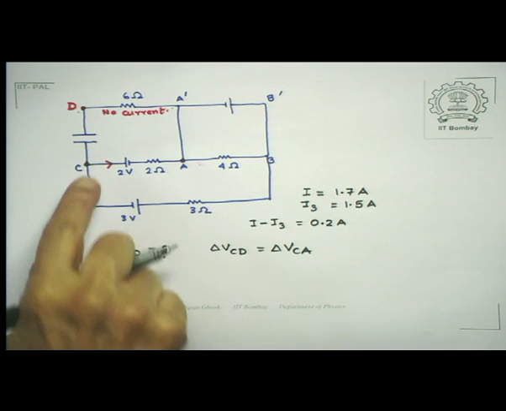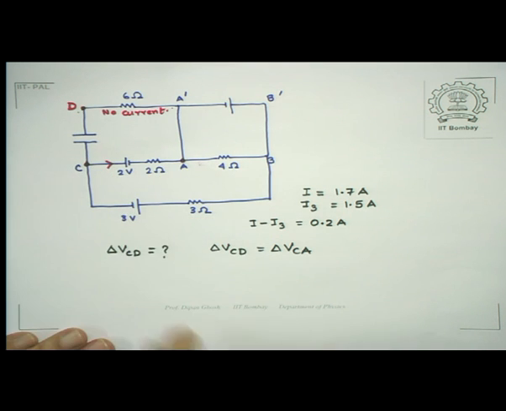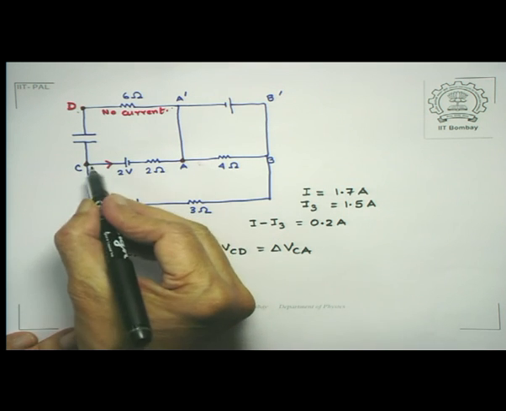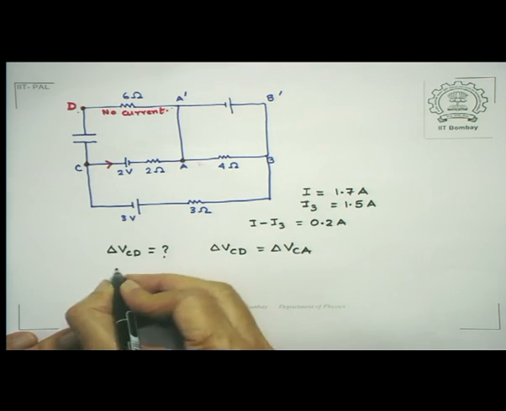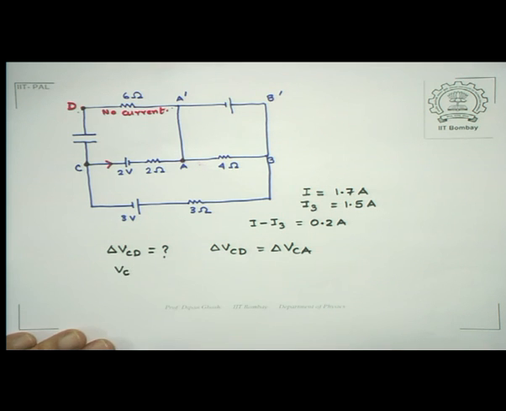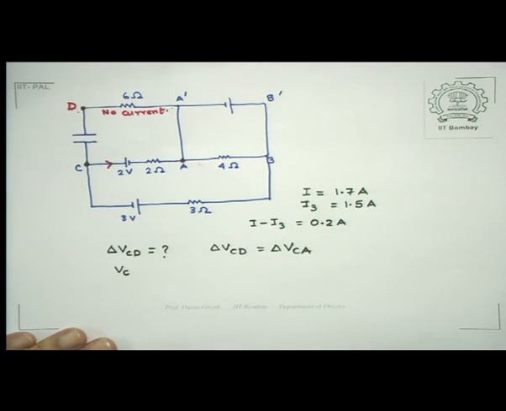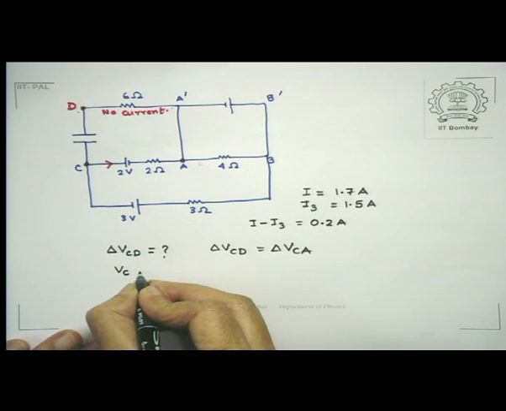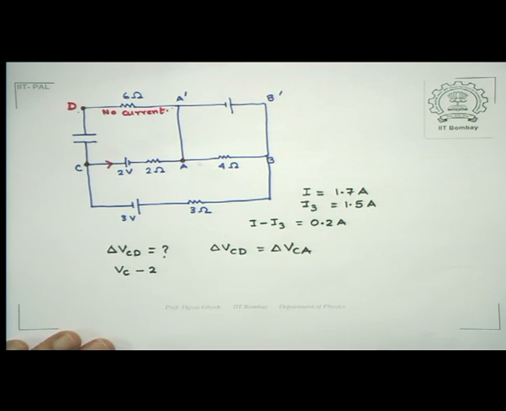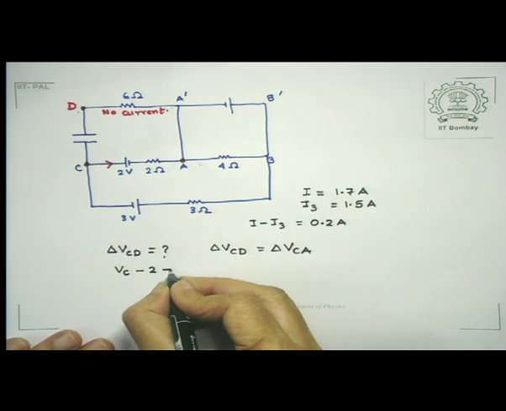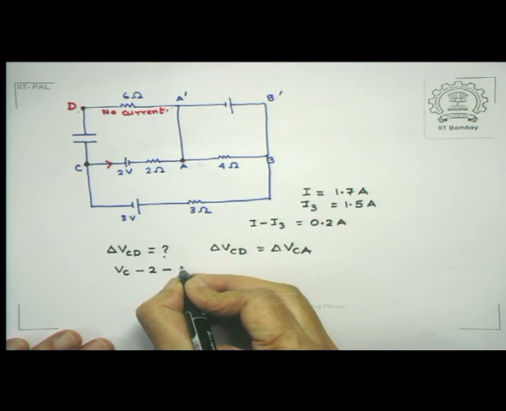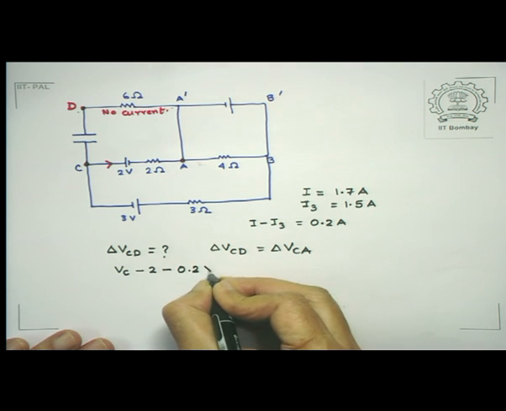So therefore, by the rule that we have been repeatedly talking about, when I go from C, so let's talk about VC, then I go down the potential hill. So therefore, minus, this was 2 volts, further minus, current is 0.2, so 0.2 into 2 ohms.